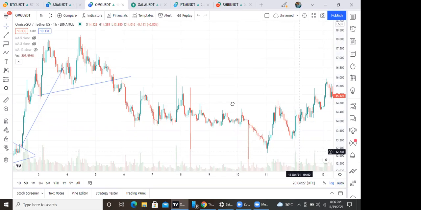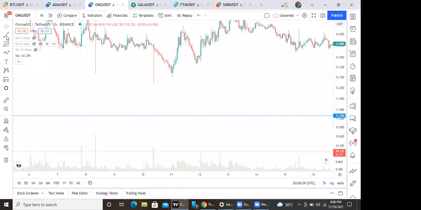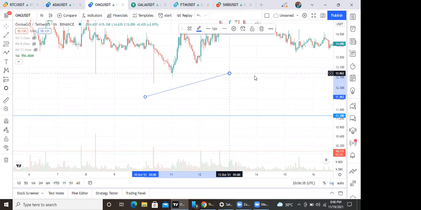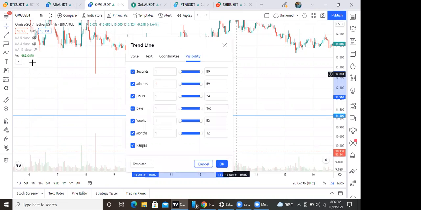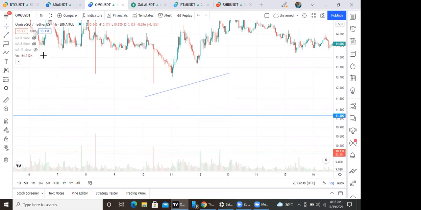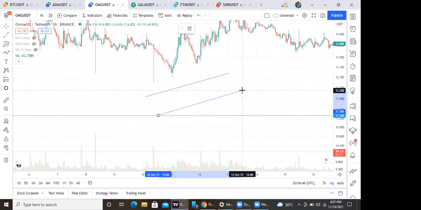This is an example of a parallel line, but this is a bullish one. They are parallel in structure. It can be horizontal, it can be upward sloping, it can be downward sloping.